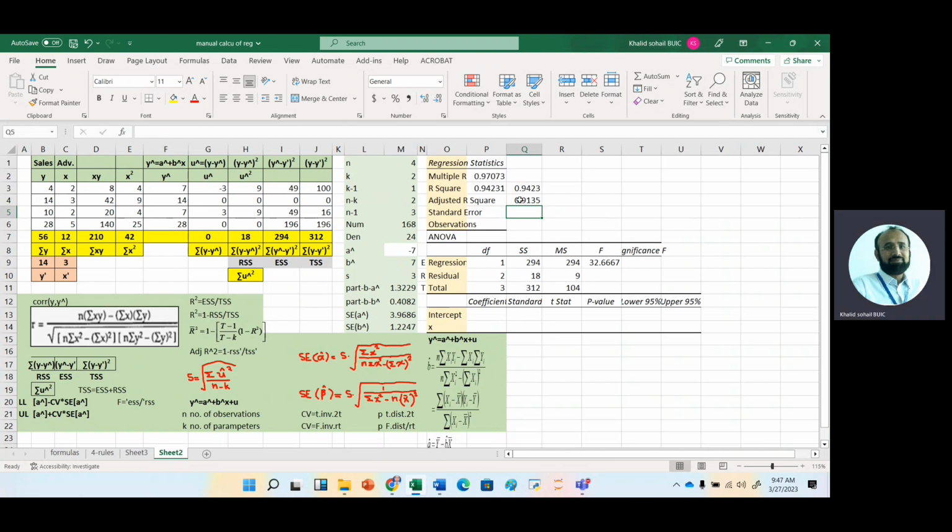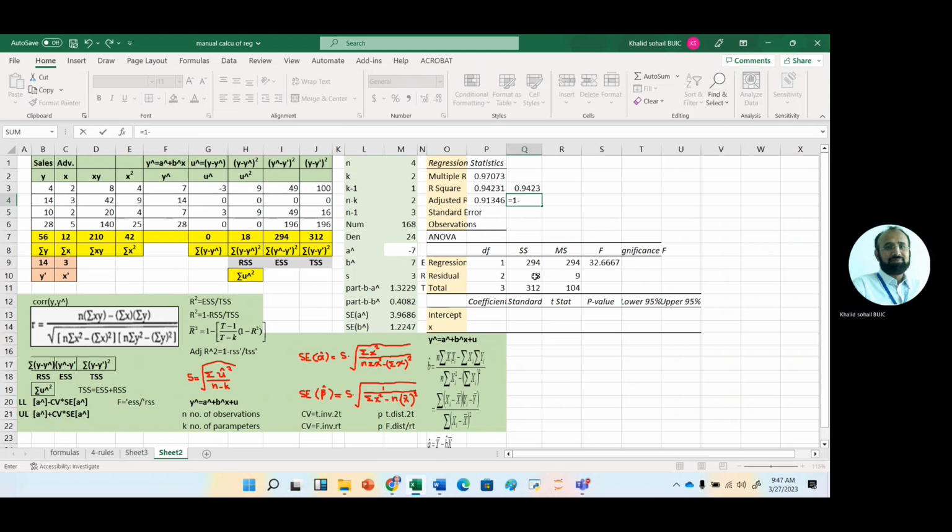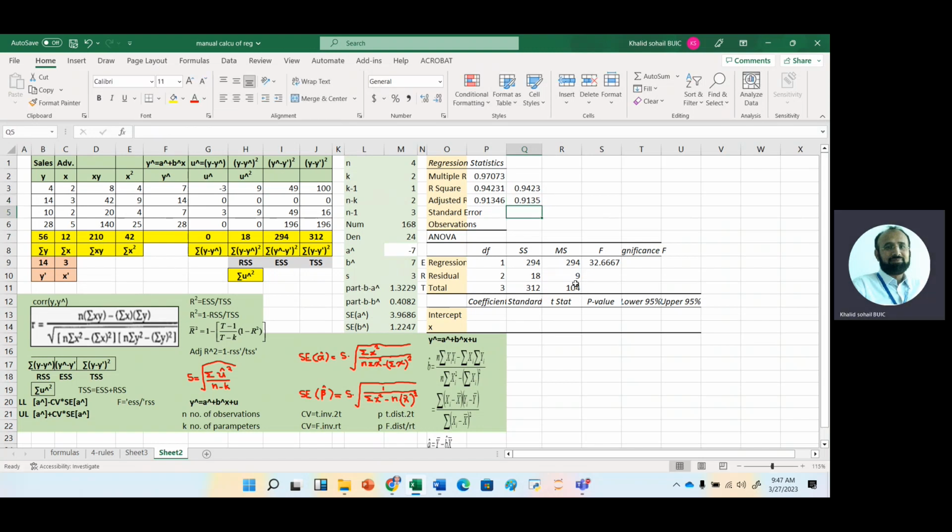Or we can calculate this adjusted R square by using the second formula: adjusted R square is equal to 1 minus average RSS divided by average TSS. So 1 minus average RSS, divided by average TSS. You can see that we have the same answer.